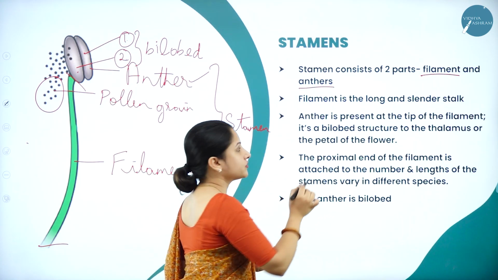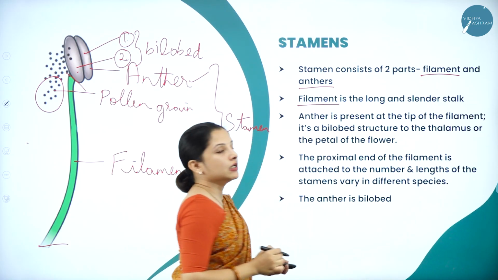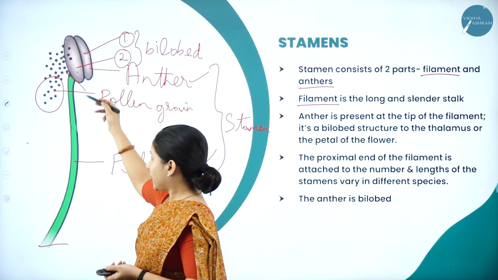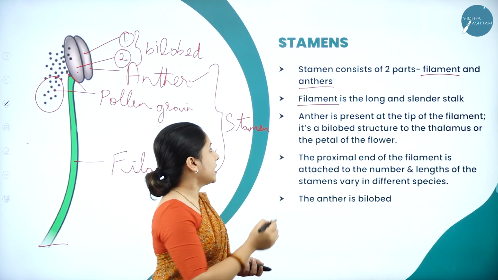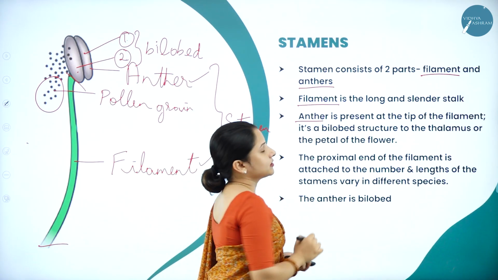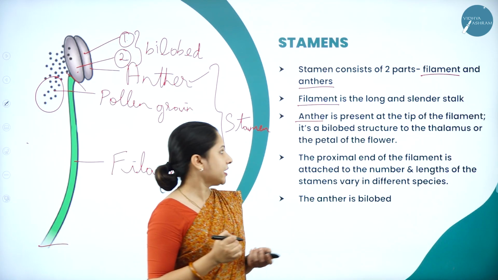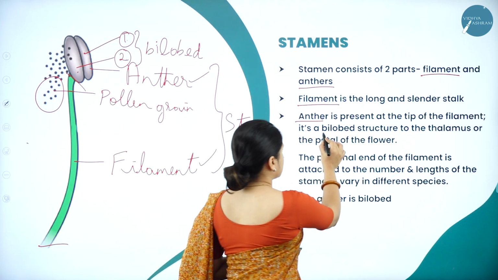So first we'll concentrate on the structure of the filament. Filament, as I told you, is quite long and slender. And when you see the anther, it is present at the tip of the filament and it is a bilobed structure.